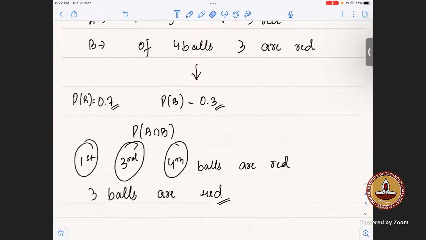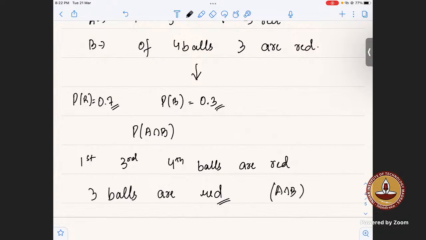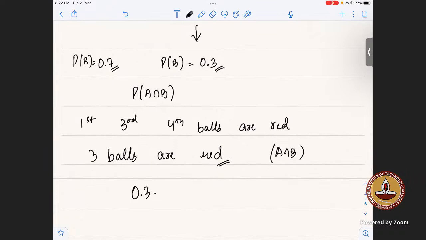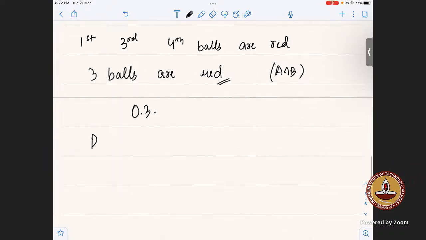So one ball has to be black. The second ball has to be black, right? For A and B to occur, the second ball has to be black, right? What is the probability of black? 0.3. Okay. Now what is probability of A intersection B? Probability of A intersection B will be 0.7 red, 0.3 black, 0.7 red, 0.7 red. Just remember.